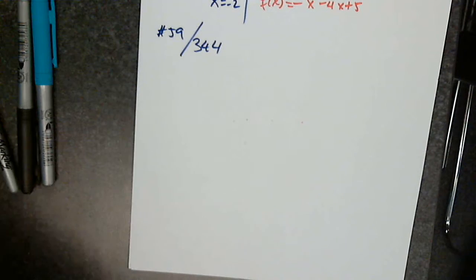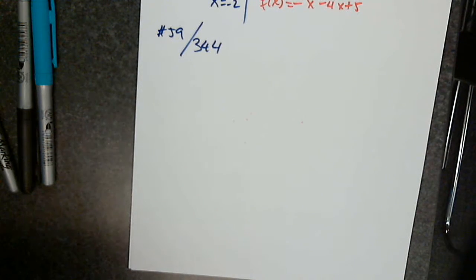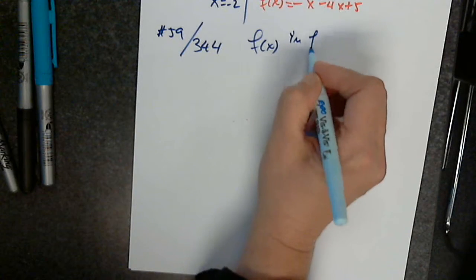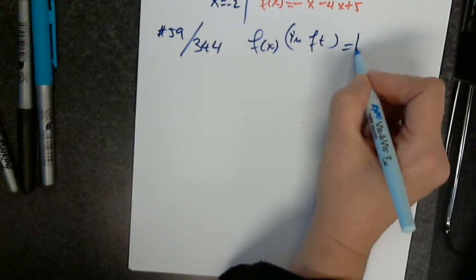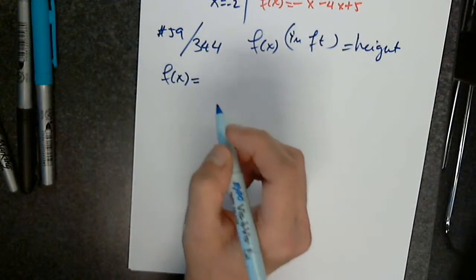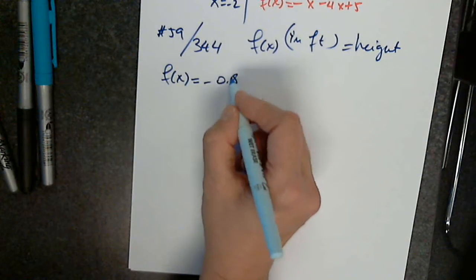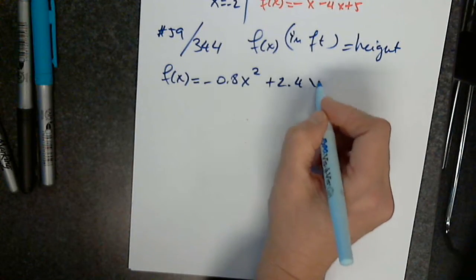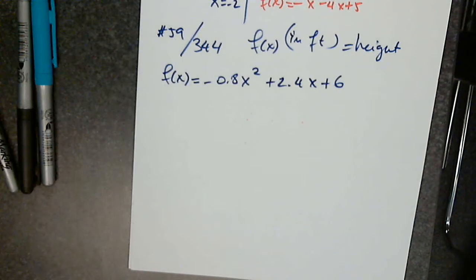A ball is thrown upward and outward from a height of 6 feet. The height of the ball, f(x), is in feet. So I'm copying the function now: f(x) = -0.8x² + 2.4x + 6, where x is the ball's horizontal distance in feet from where it was thrown.